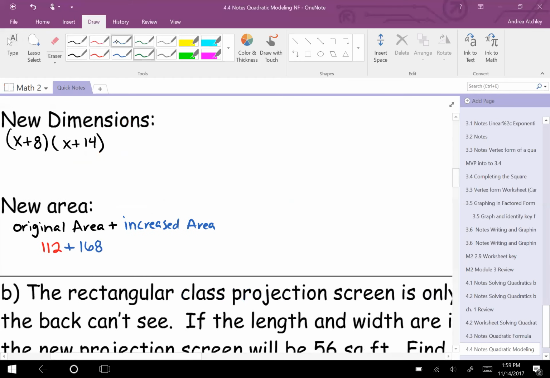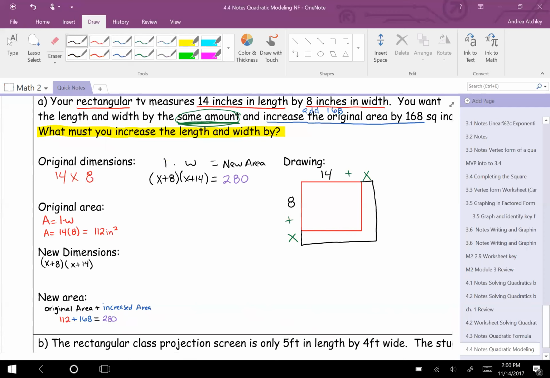And that was my length times my width equals the new area. Any questions over that? Sounds good. Okay, we have to solve it from there.